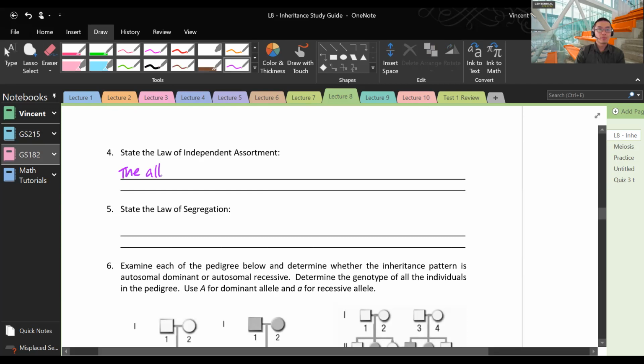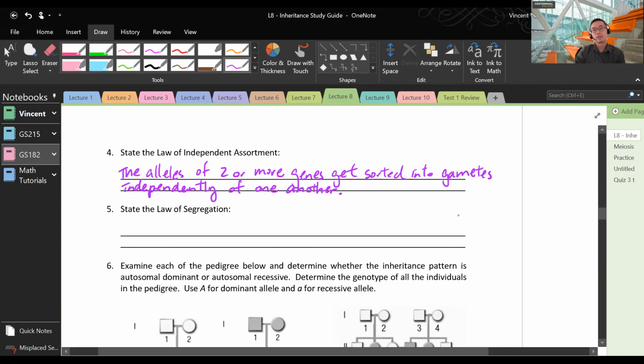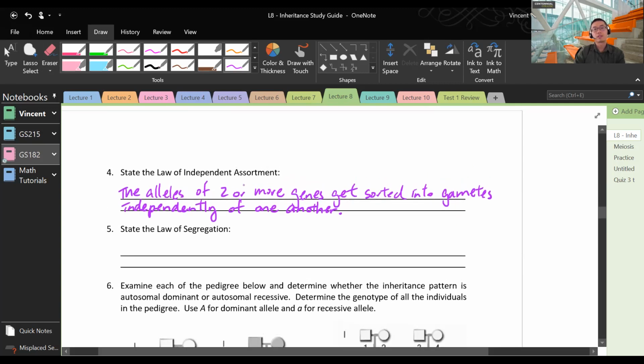The alleles of two or more genes get sorted into gametes independently of one another. Okay. Well, that's what it says.